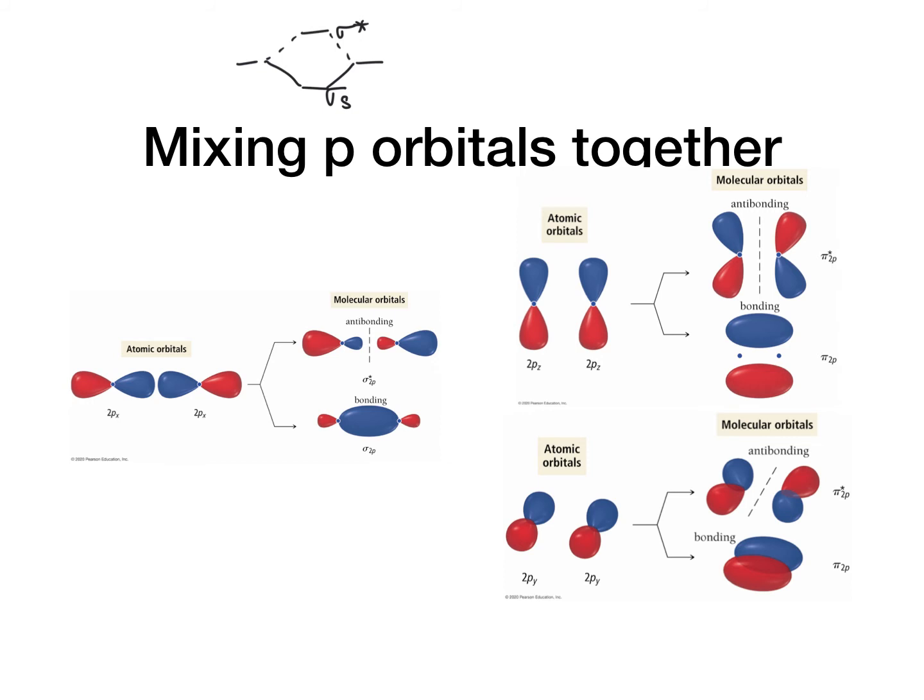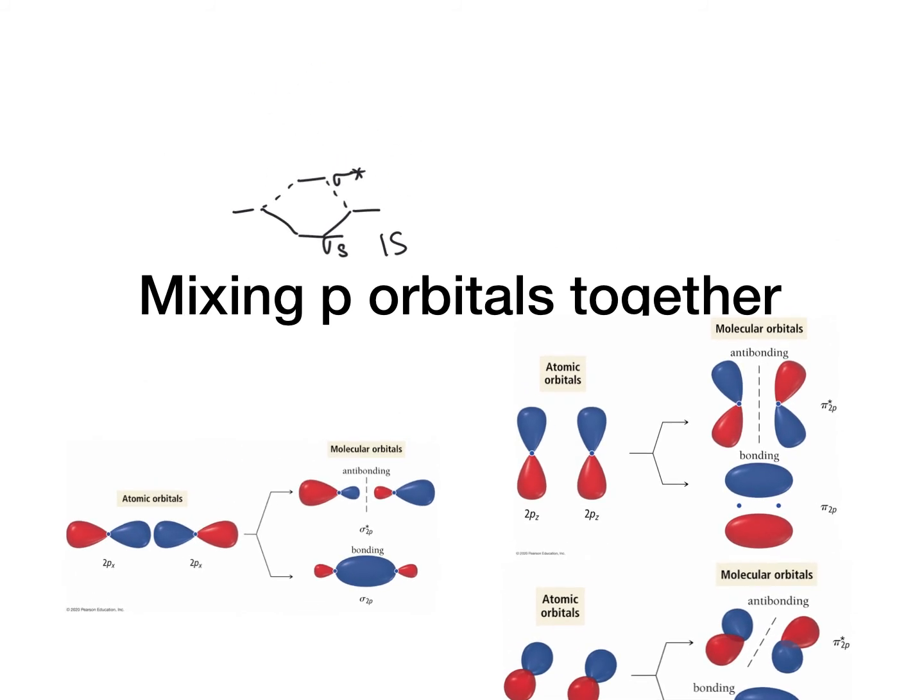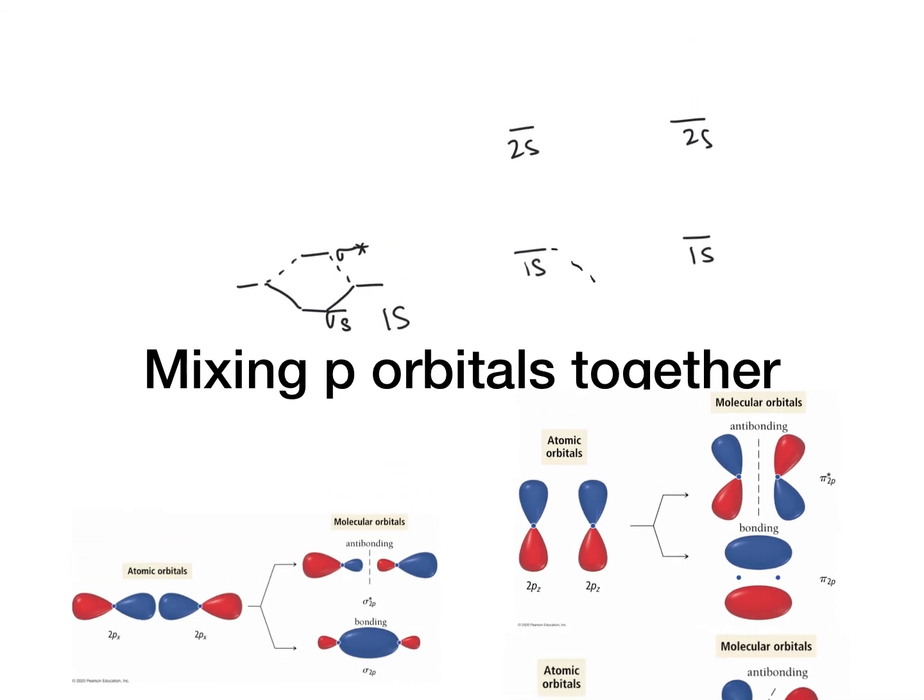We previously drew this for the 1s orbitals, but it turns out when you do this for the 2s, it's somewhat identical. Before we talk about the p orbitals, if we start with the 2 1s orbitals, and up here we would have our next, which are 2s, you're essentially going to see the exact same diagrams for both.